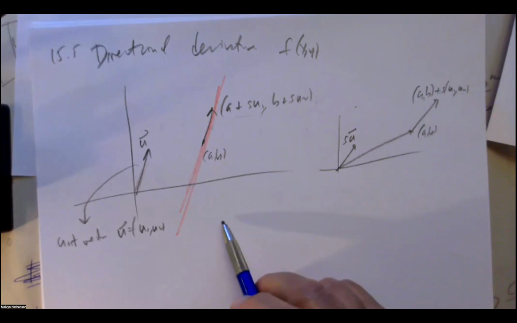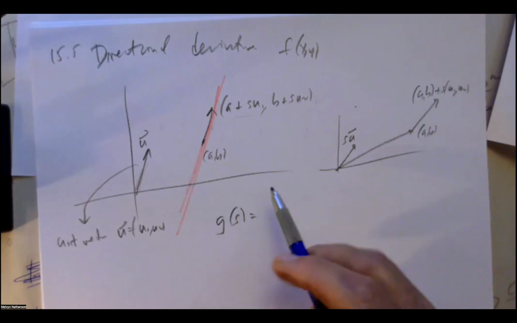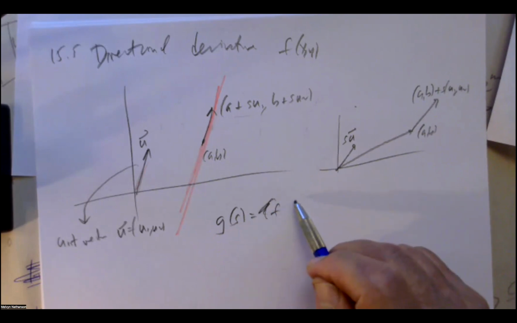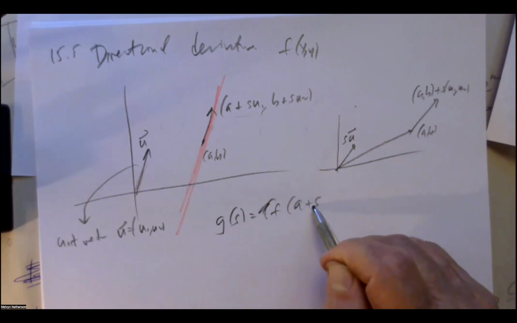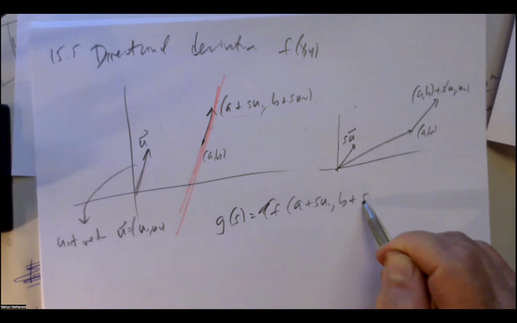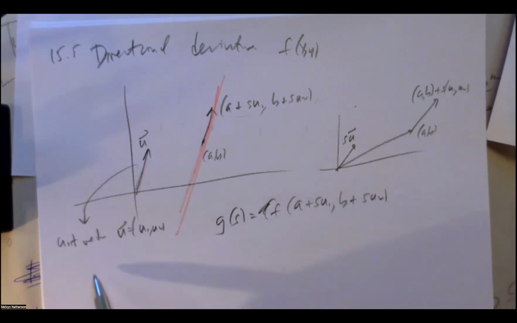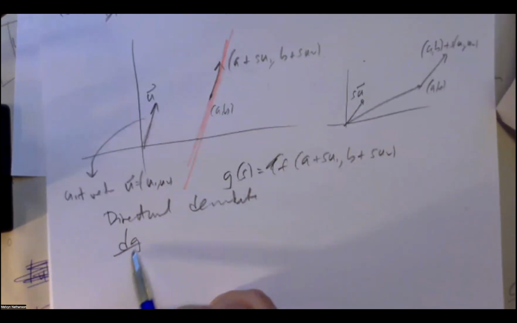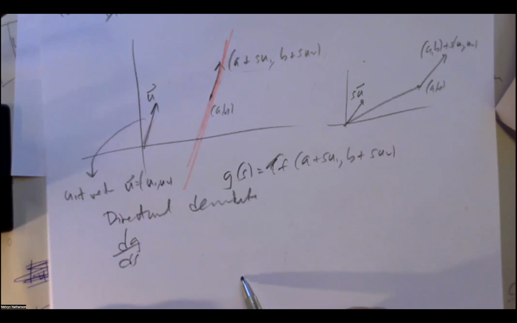And if I think of the function g of s to be equal to f evaluated at a plus su1 and b plus su2, I want to say that the directional derivative is dg/ds. What is that?